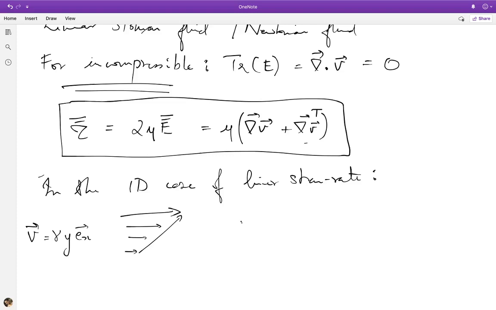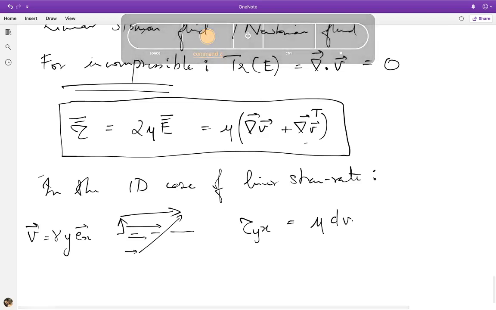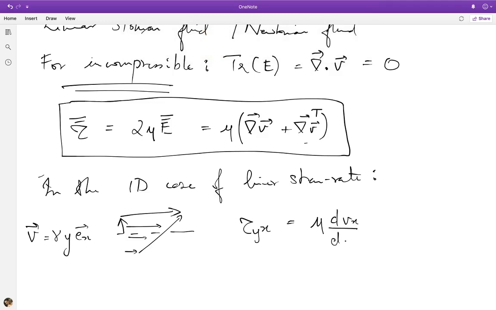So we have only one component now of the deviatoric stress, that is tau acting on the plane in the y direction. The stress is directed in the x direction, and that component is given by the viscosity times, if you apply only the first term, the derivative of u, the x component of velocity, in the y direction, which is nothing but mu gamma.